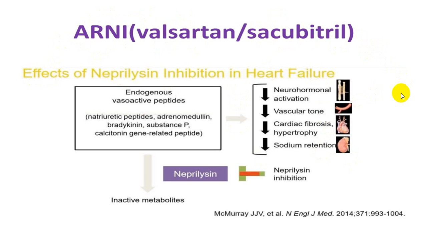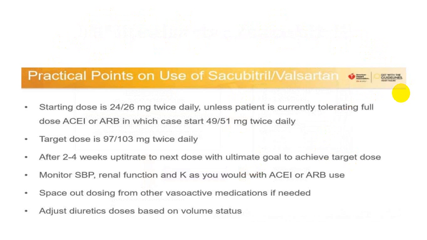So this is a very good drug and very useful. While using that particular drug, usually the starting dose is 24-26 combination of those two compounds, and gradually you increase to 49-51, and the maximum dose is twice daily. So this comes to 100 milligram twice daily.